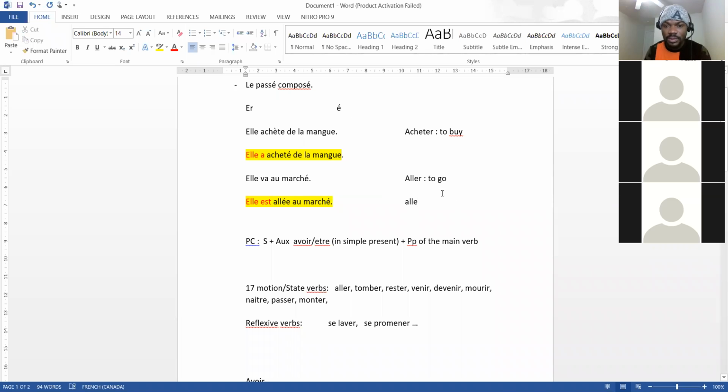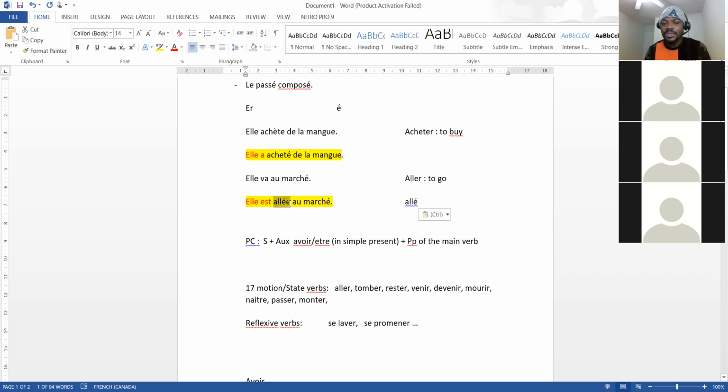The only difference here is that when you apply auxiliary être, then you must make an agreement between the subject, le sujet, et le participe passé.